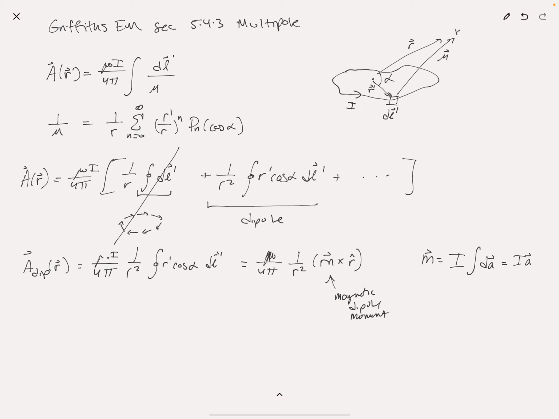So I have a path, let's say I have a square loop, and current is going in this direction, I. My magnetic dipole moment is related to the current magnitude times the area, which is now a vector.